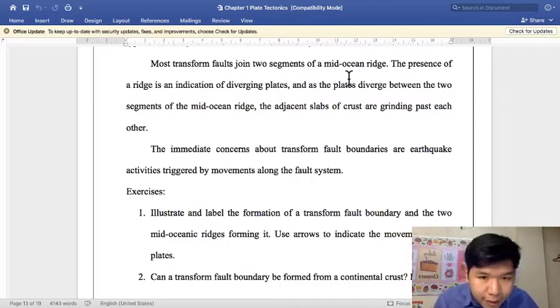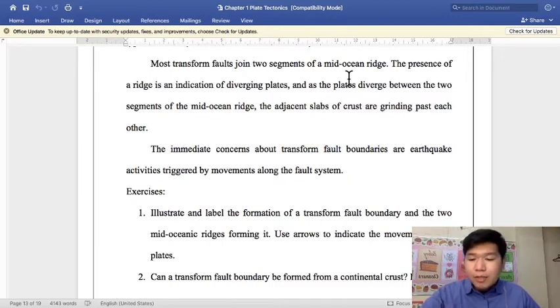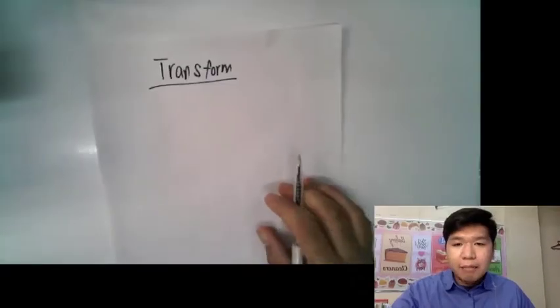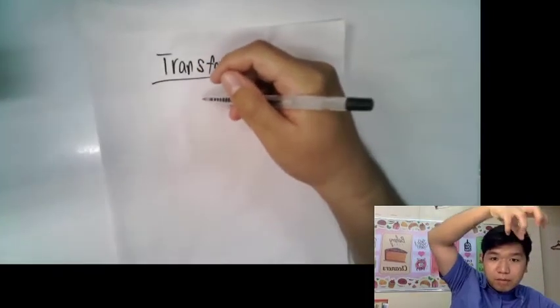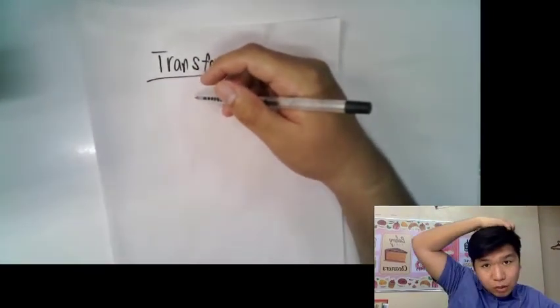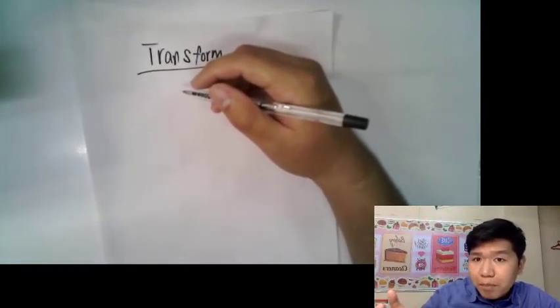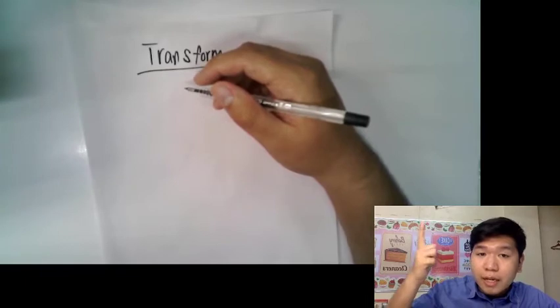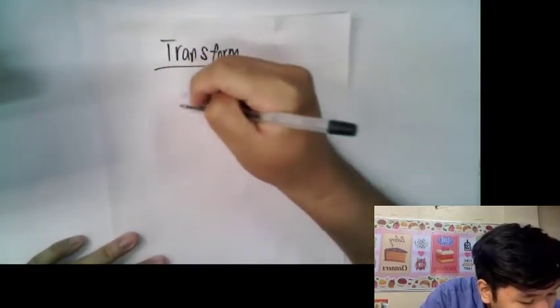Let's just quickly draw what that means. Let's say for example, I am going to have a plate. This is going to be a bird's eye view, a view from the top on how that will look like. Again, what type of landform is formed in a divergent boundary? It's called a ridge. So I'm going to draw two ridges.